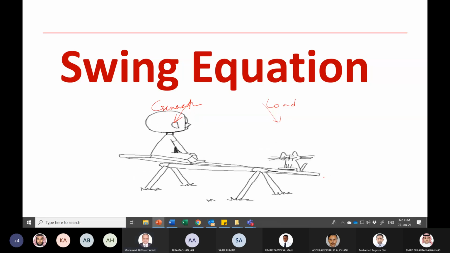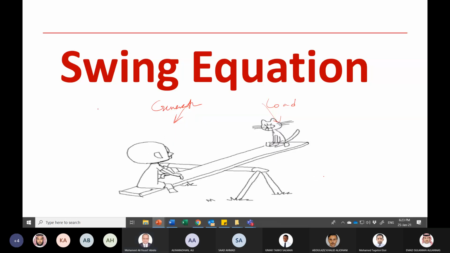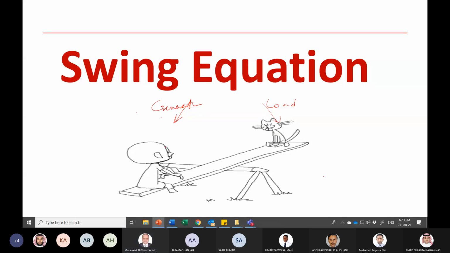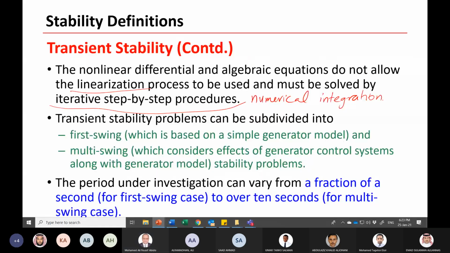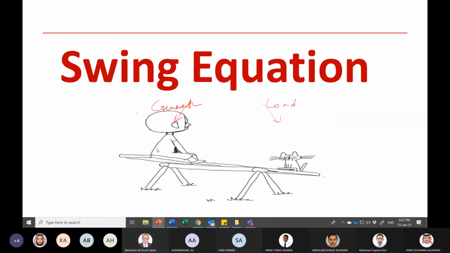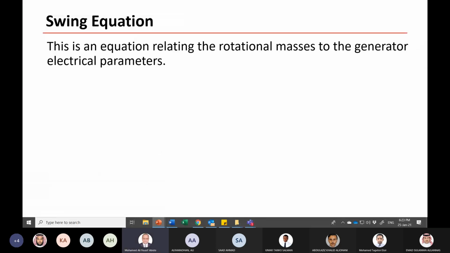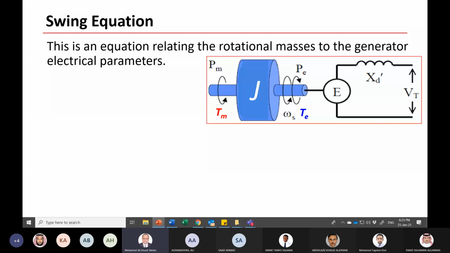This is an equation relating the rotational masses to the generator electrical parameters. You have here the mechanical power or mechanical torque that comes from the turbine.